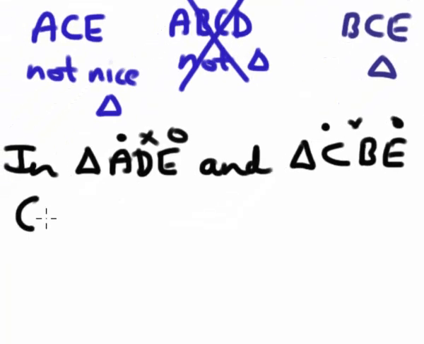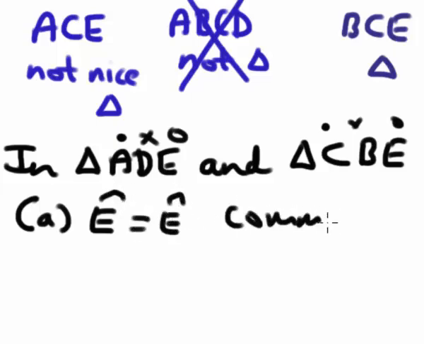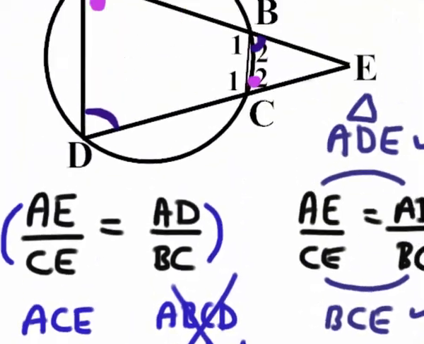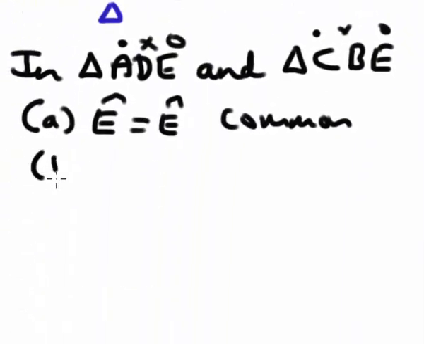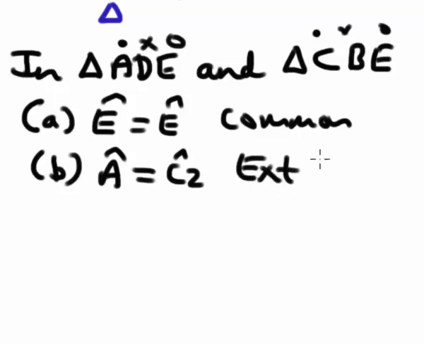Now, if we set this out, what's quite fun is we can immediately see that angle E is equal to angle E, common. A good way to start. A nice, easy pair of angles here. So that sorts out the first one. And then we can say that angle A is C2, and that's the exterior angle of a cyclic quad.